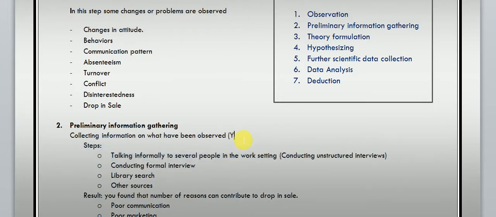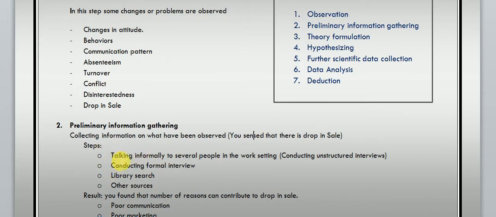For example, you sensed that there is a drop in sales. Now this is your feeling, like you have felt something wrong here.